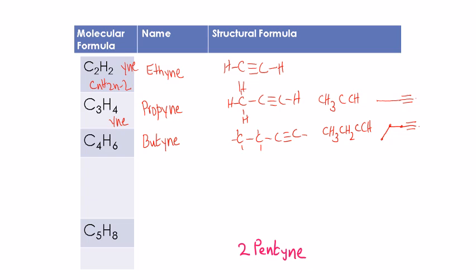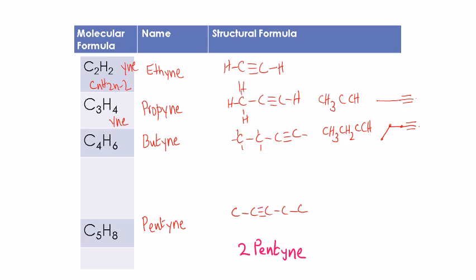Okay, so now this one is going to be C5H8. So that means pent is the prefix, and we can see from the formula that it is an alkyne, so yne is going to be the suffix. So 1, 2, 3, 4, and 5. Let me put the triple bond somewhere else so that you can see the difference.